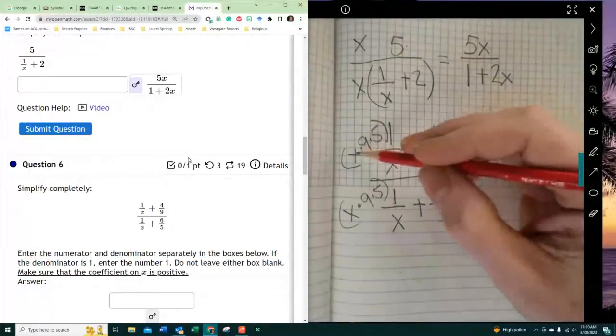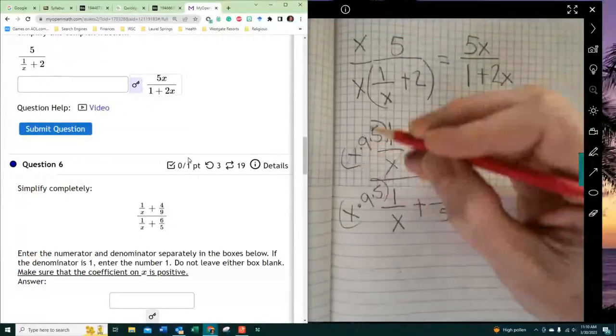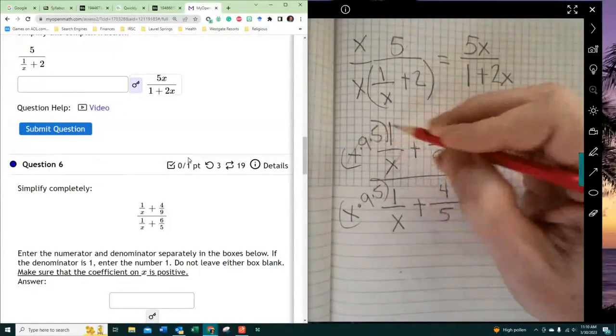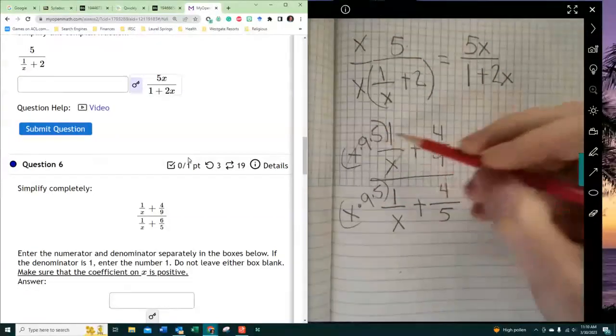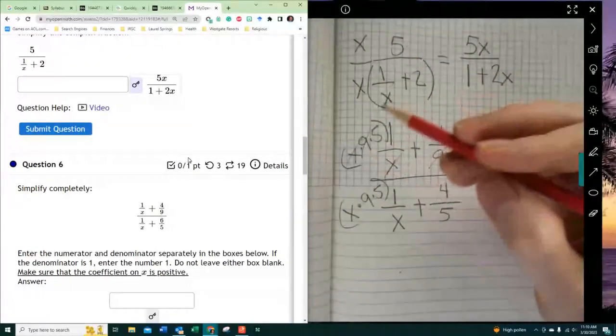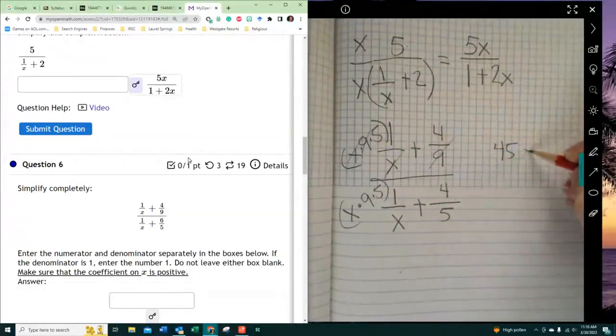Okay, now what I would go ahead and do is multiply this times this, and these would knock each other off, leaving me with 9 times 5 times 1, which is 45. And then I would knock out the 9s, and then it would be 5 times x times 4, which would give me plus 20x.